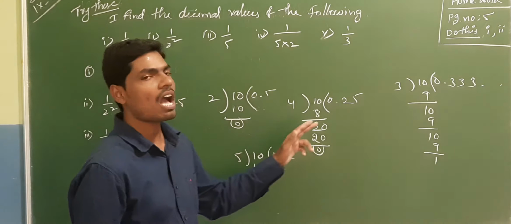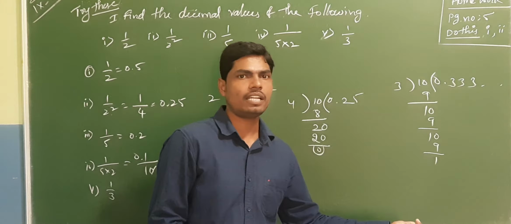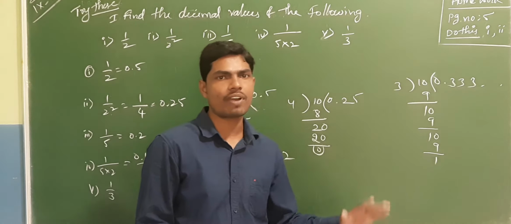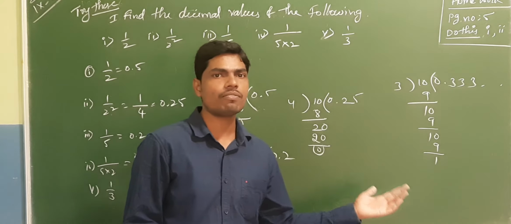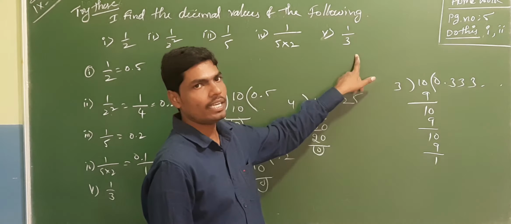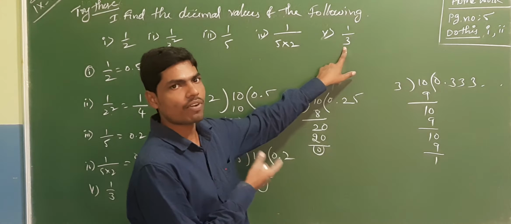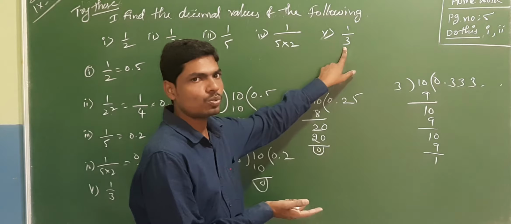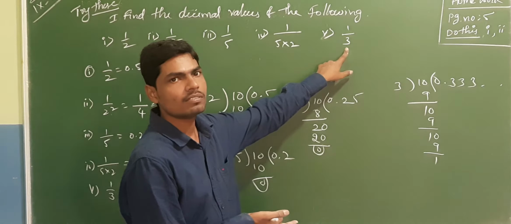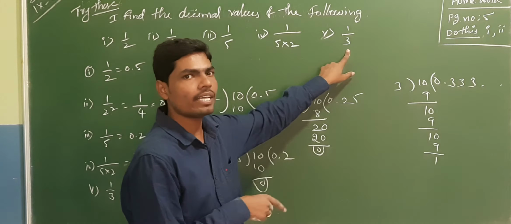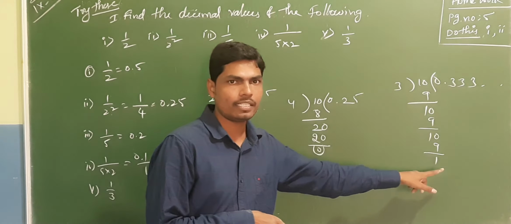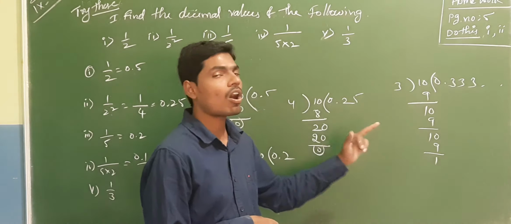But if you have any other numbers instead of 2 and 5, for example 1 by 3 here, it is not 2, it is not 5. Other than these two numbers, you have 3 here. So if you have like that, it will not terminate. We'll check another question that will not terminate.